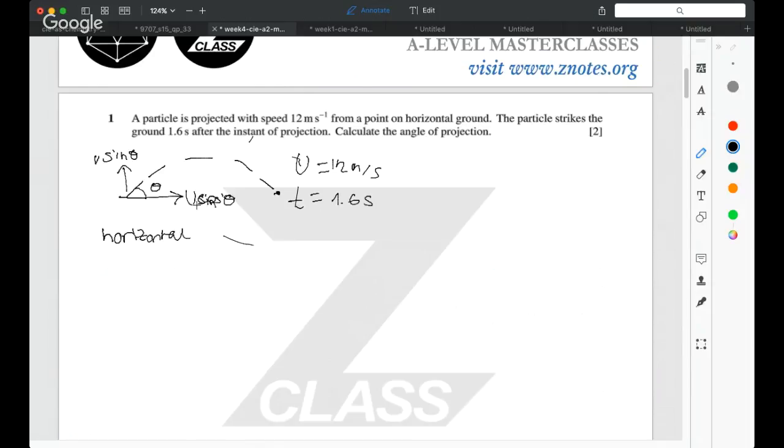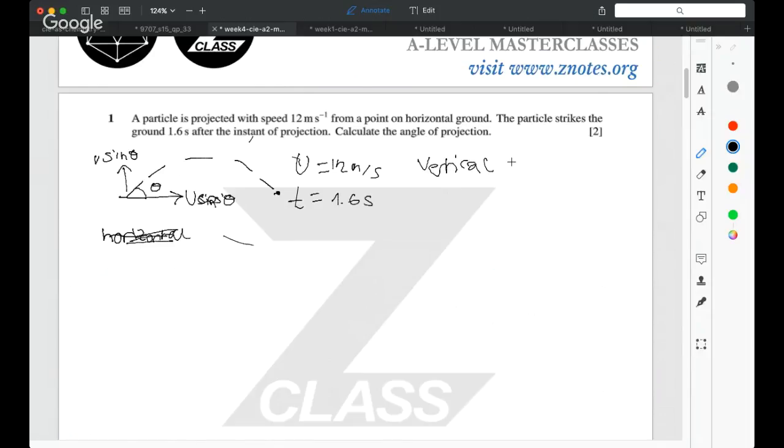No, it wouldn't, because the horizontal and vertical directions are independent. So the time to get to the ground is purely determined by the vertical speed, and you can think of it as a simple one-dimensional motion.